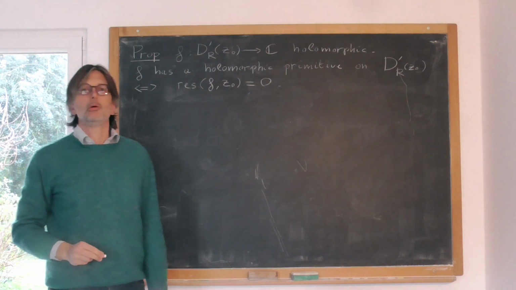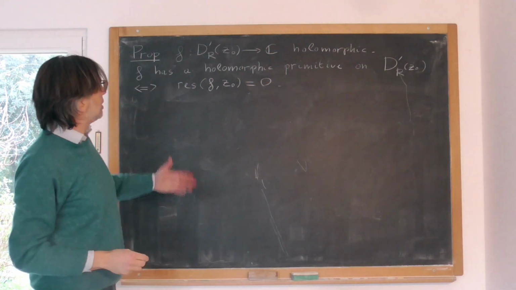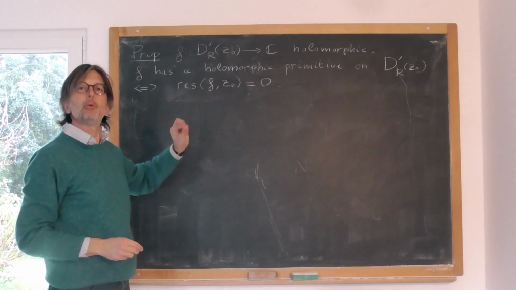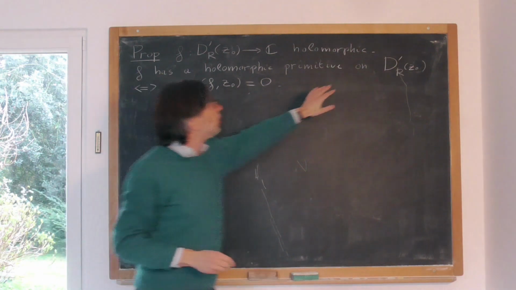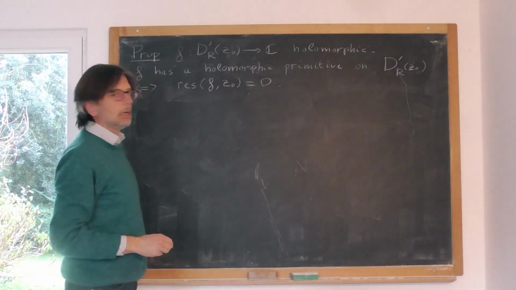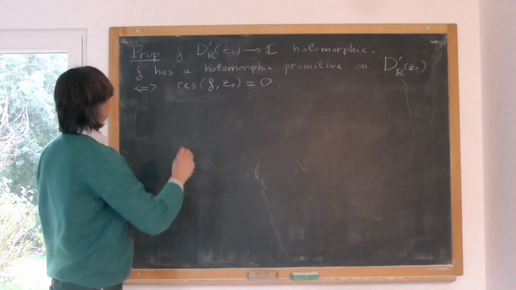Okay? So the residue is the obstruction for f to have a holomorphic primitive on the whole punctured disk centered at z0.